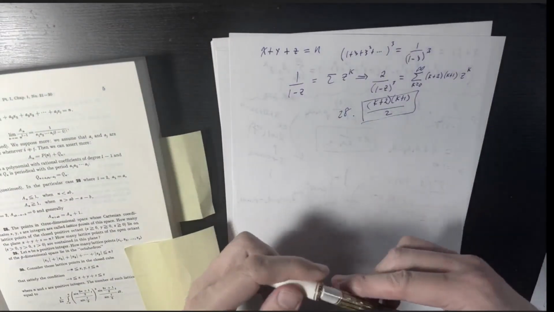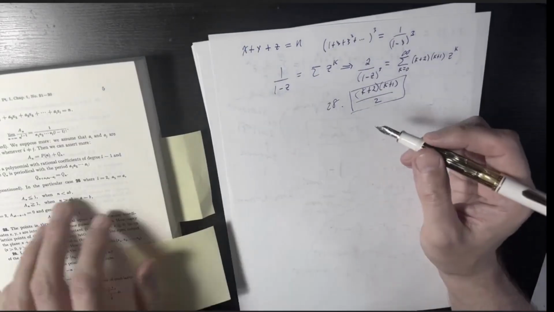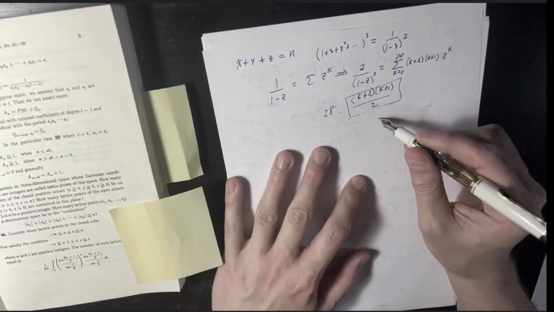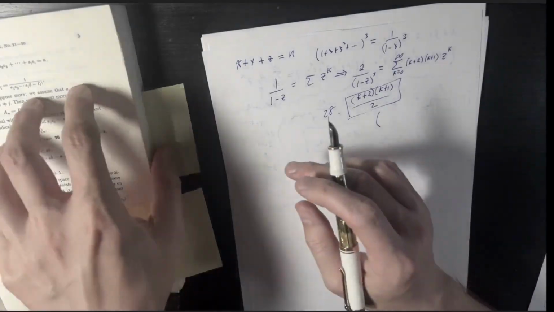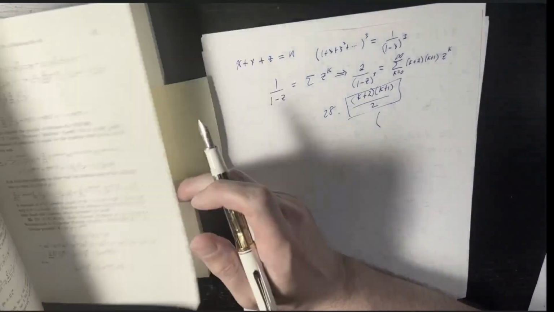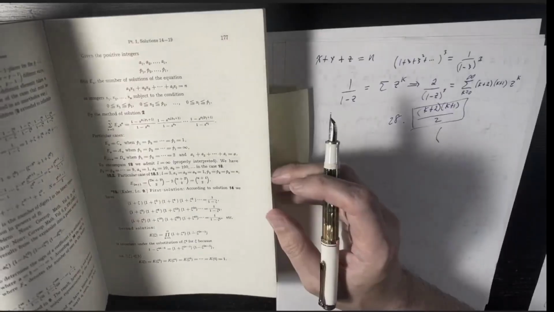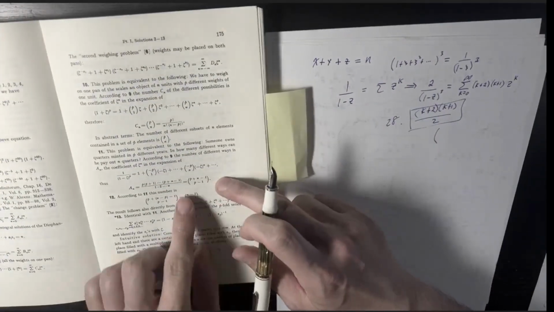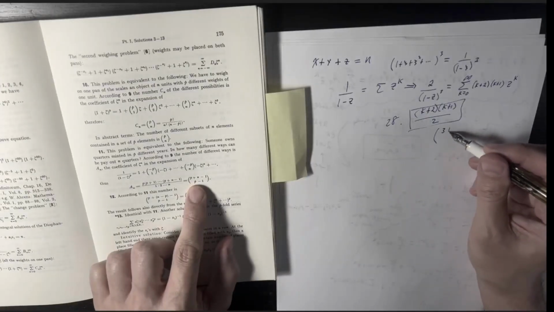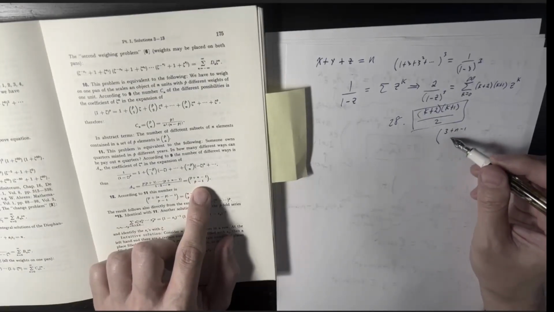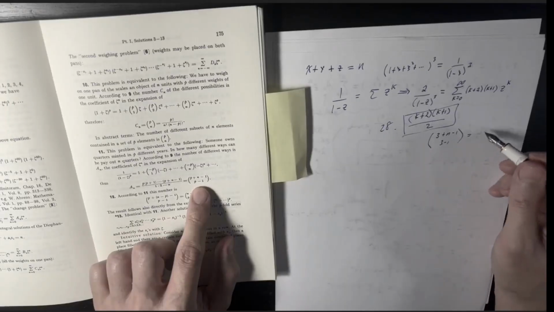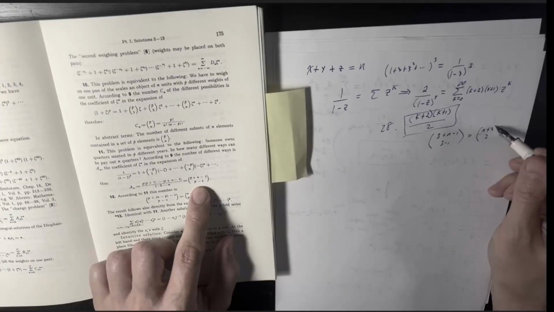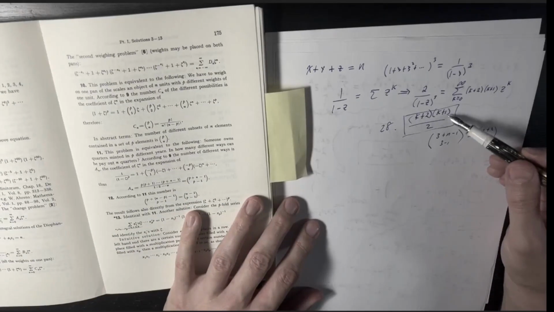Well, not necessarily. He's saying you get a formula like this: 3 plus n minus 1 over 3 minus 1. So he's saying take n plus 2 choose 2, which is exactly what I wrote.